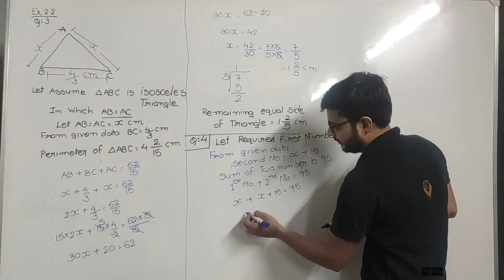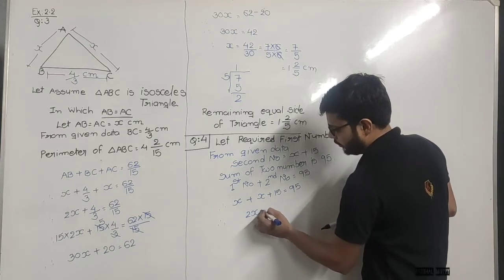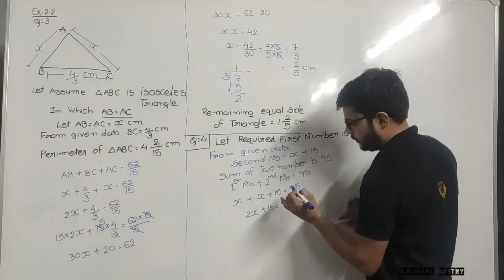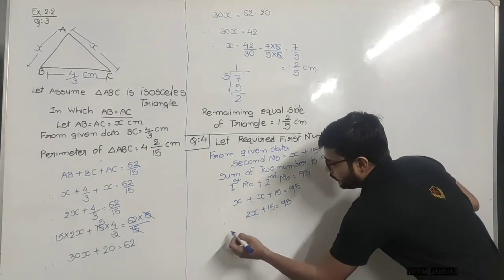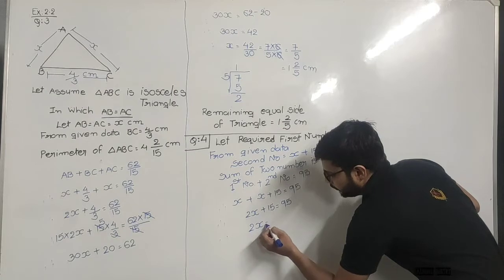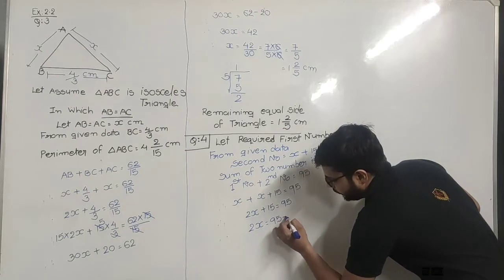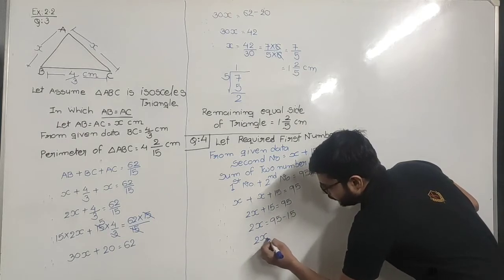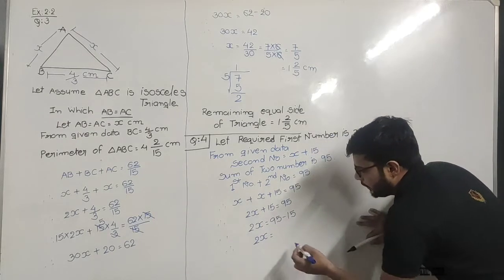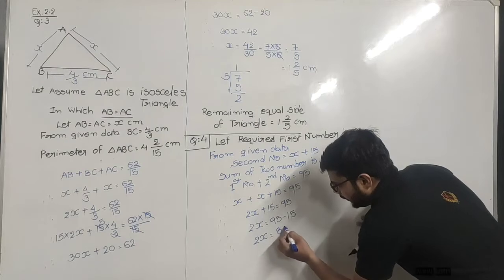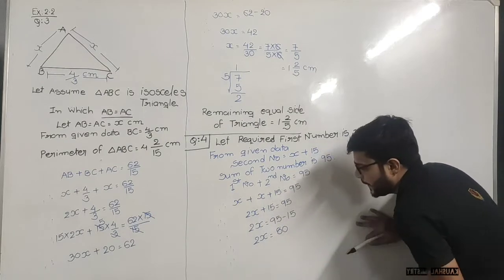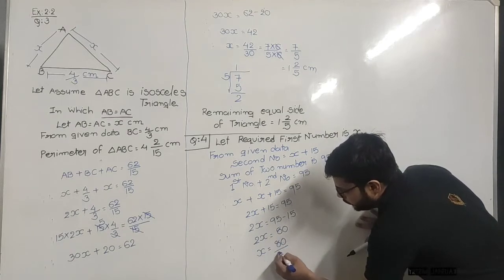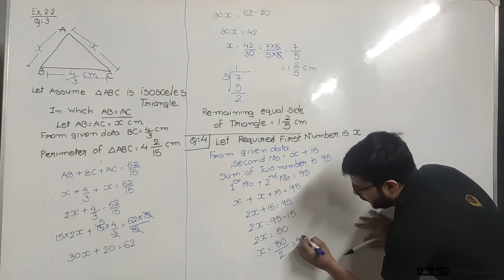Therefore 2x plus 15 is equal to 95. Therefore 2x is equal to 95 minus 15, that is equal to 80. So x is equal to 80 divided by 2, and that is equal to 40.